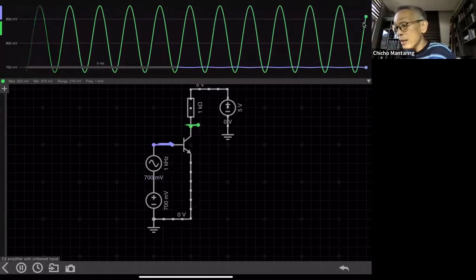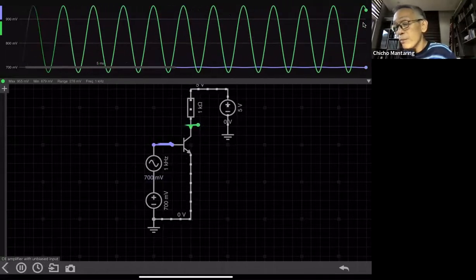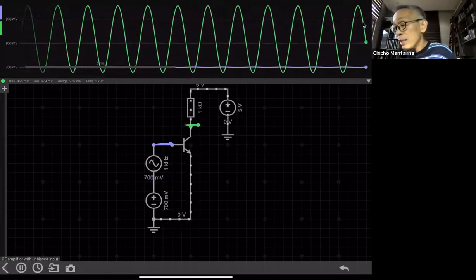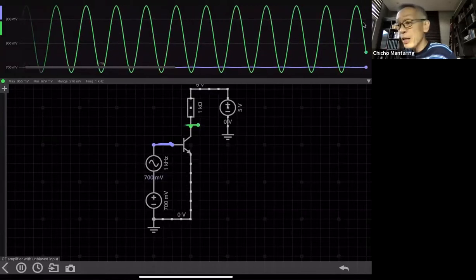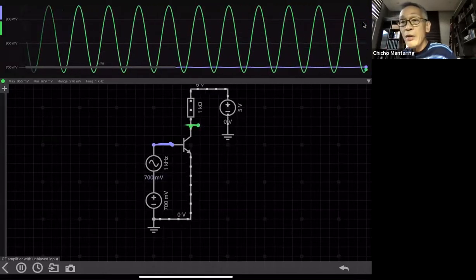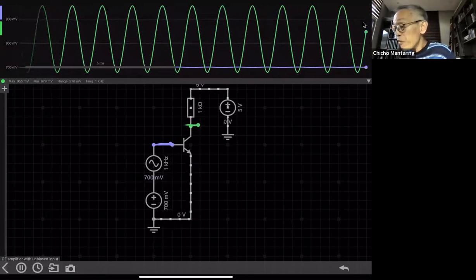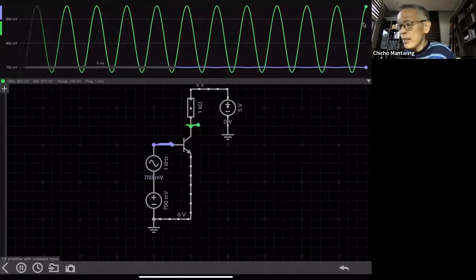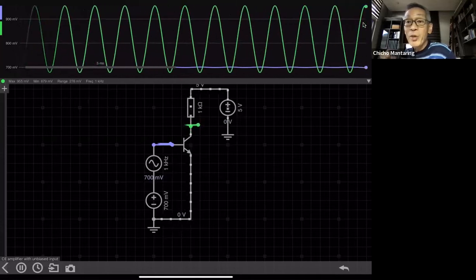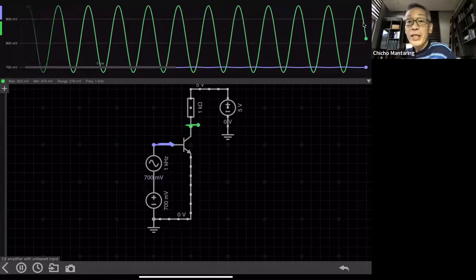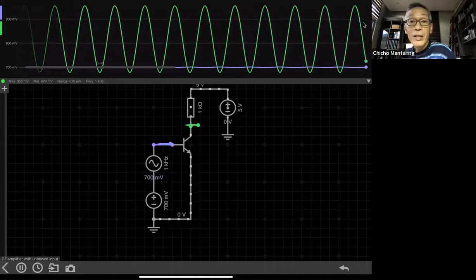So what is that? That's a gain of about 138. So this amplifier, this transistor with those characteristics can actually multiply my input signal by a factor of 138.